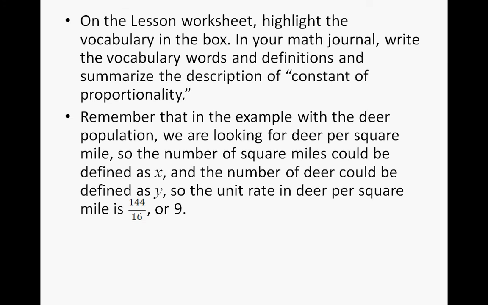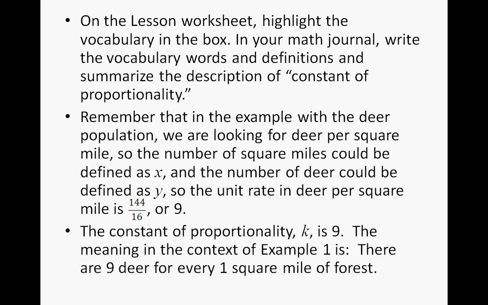Remember that X, the number of square miles, is our independent variable, so we can pick however many square miles we want to use or calculate, but Y is dependent. The number of deer is dependent on how many miles we pick. So that's why deer is considered the Y value, and the number of square miles is considered the X value.